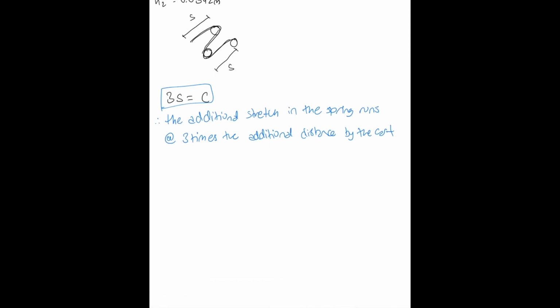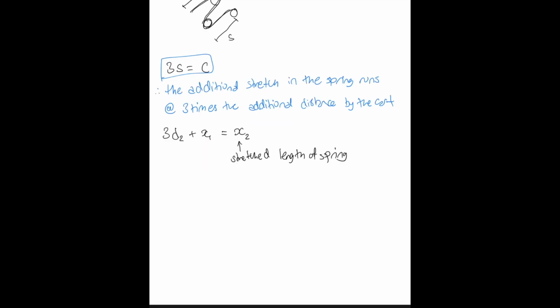And that means that our 3d2 plus x1 is going to be equal to our x2. Now we know our d2, which is 0.1, and we also know our x1. So x2 becomes equal to 0.325 meters.